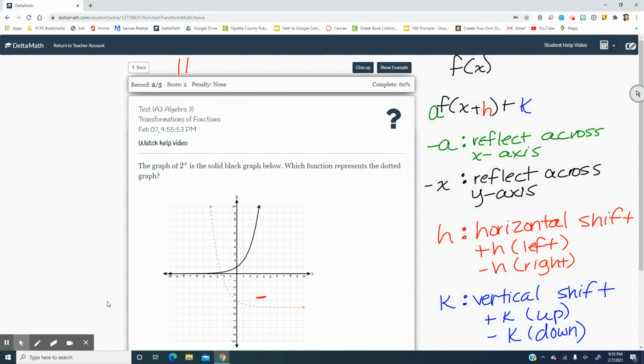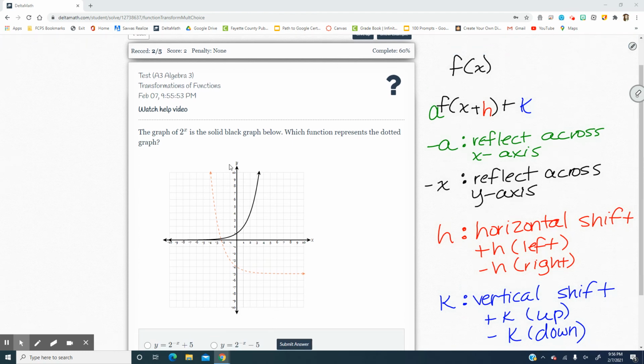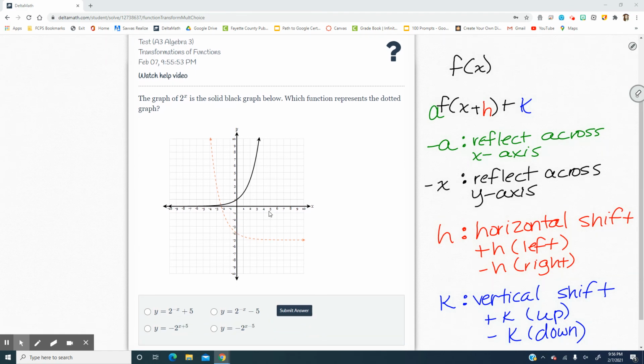All right, this time, erasing everything. Okay, I need a point of reference, so let's look at maybe the point at 0, 1. Maybe the other point will be right here. It looks like it gets shifted down 1, 2, 3, 4, 5.